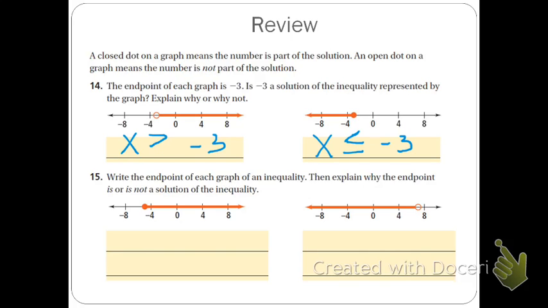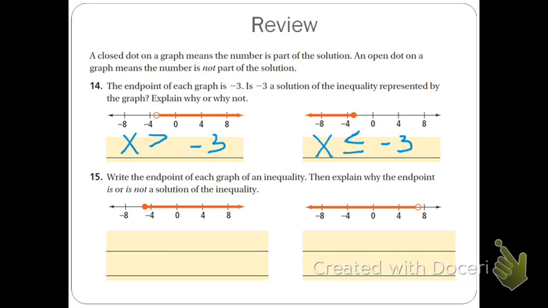Question 15, again, let's write the solution. If you read the directions carefully, all it wants to know is what is its endpoint and whether or not it's a solution to the inequality. In the first example, we have an endpoint that appears to be between -4 and -8. Let's think of all the numbers between -4 and -8. You have -5, -6, -7.